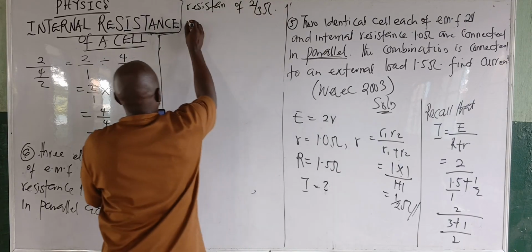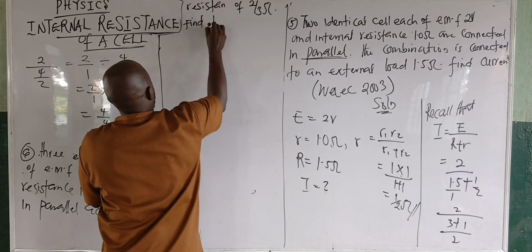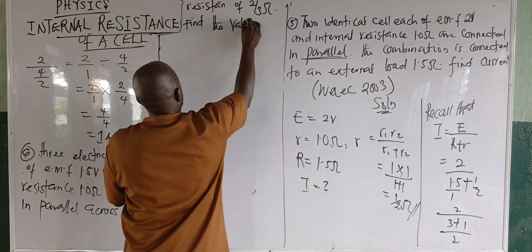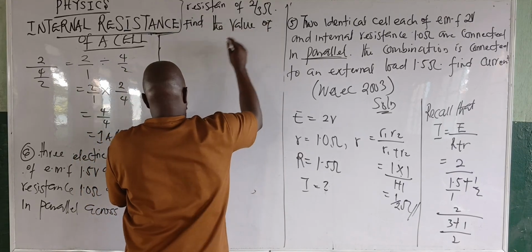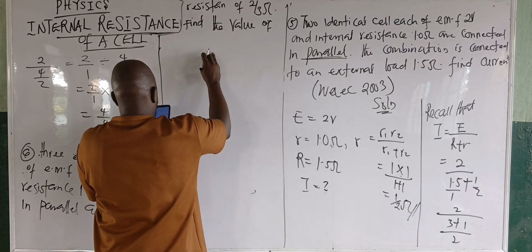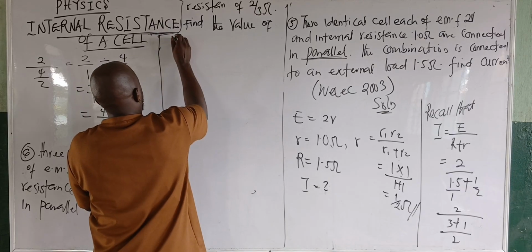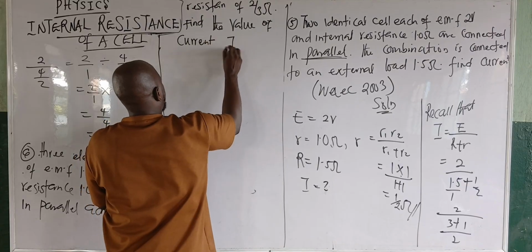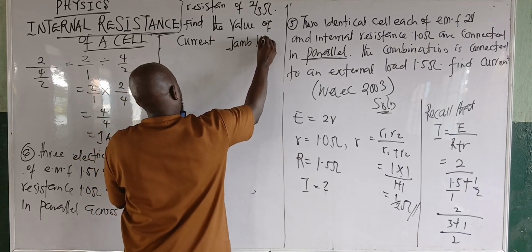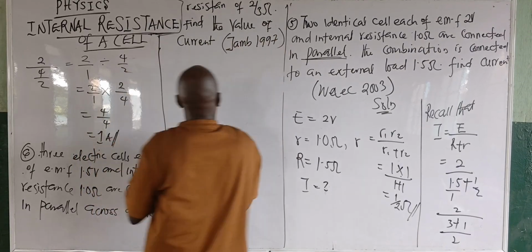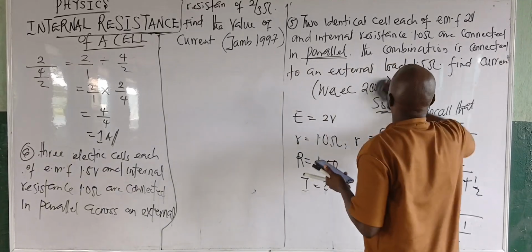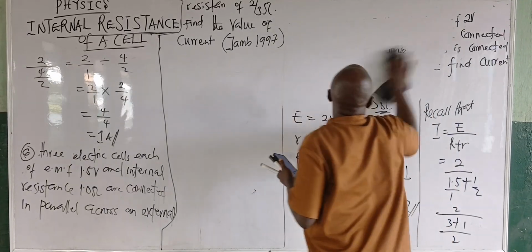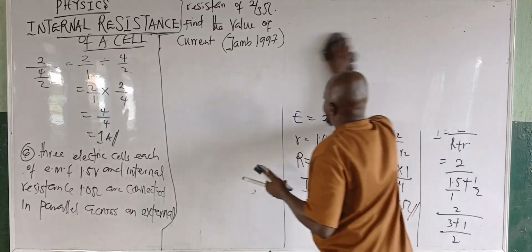We're asked to find the value of the current. So this is a JAMB question, 1997. What do we know going further here?